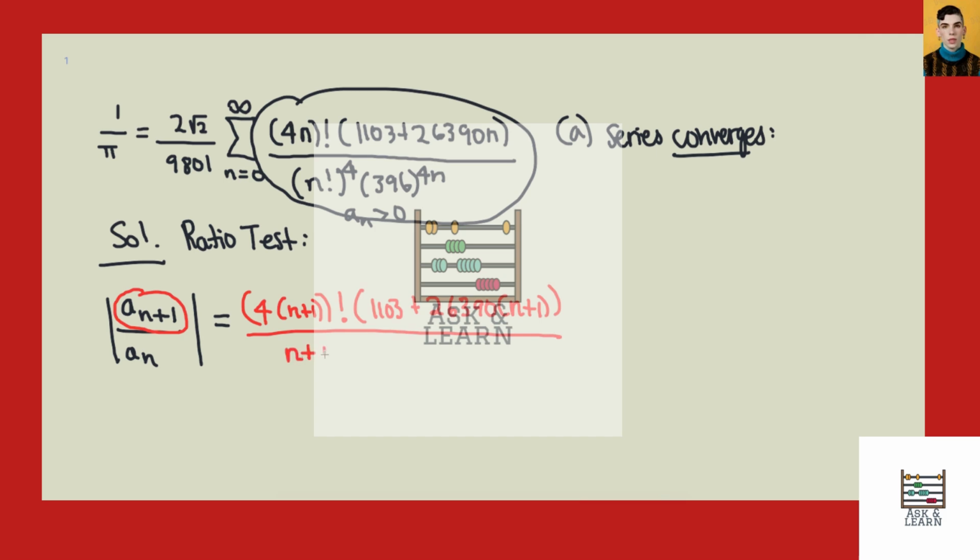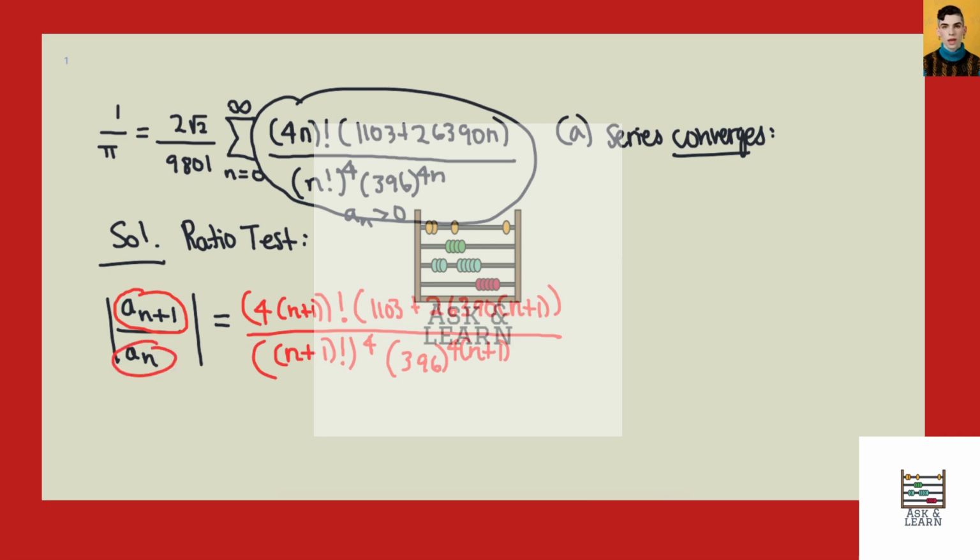So that n factorial to the fourth becomes n plus 1 factorial to the fourth. And then we have 396, and then 4, and then n plus 1. Notice the parentheses here. And then we'll go ahead and divide that by an.